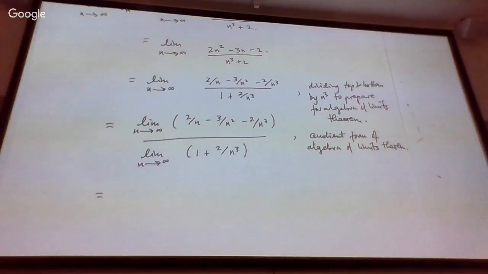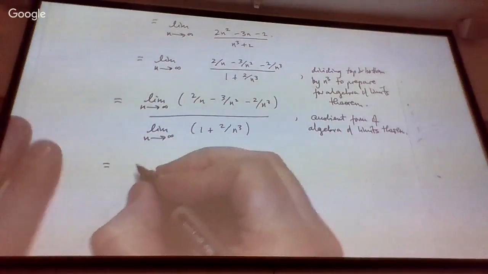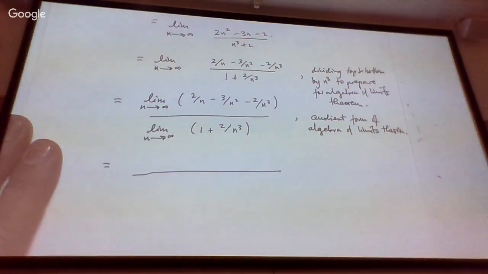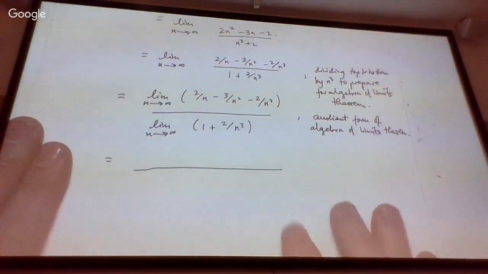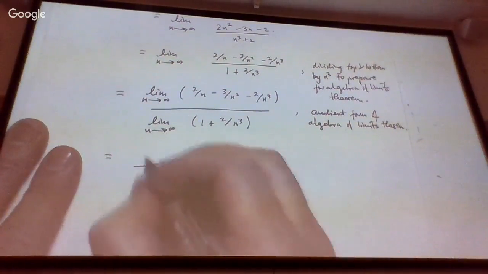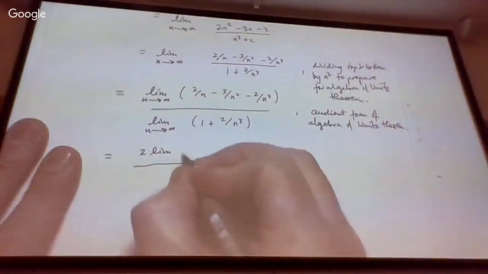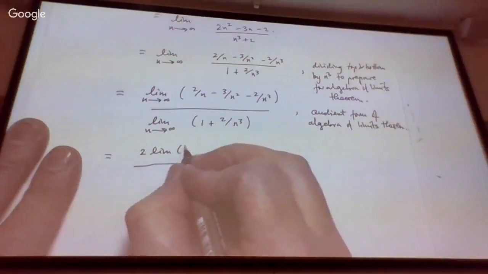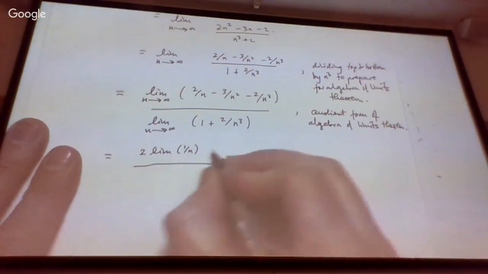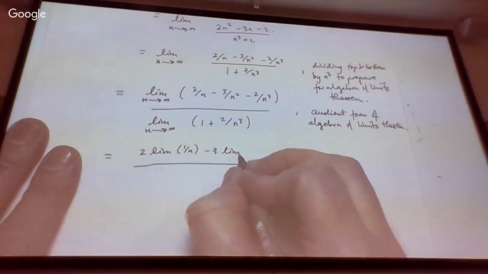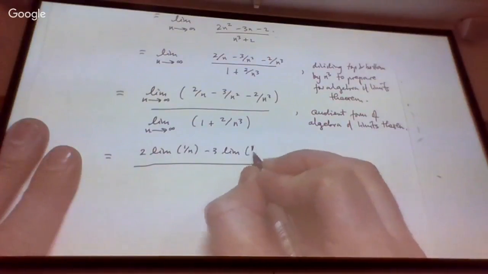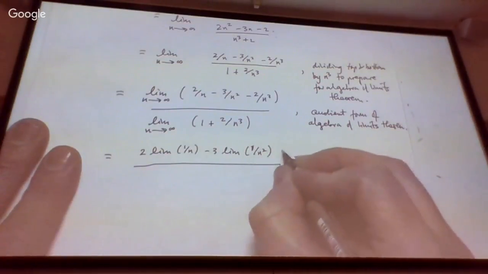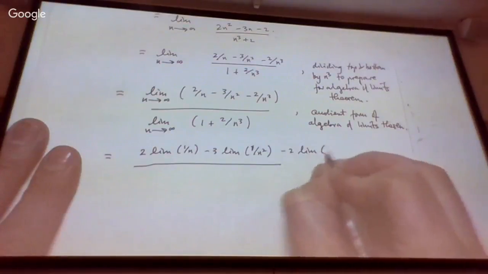So we can break those down then using the algebra of limits theorem again, but this time for linear combinations. So this will be 2 times the limit of 1 over n. I'll suppress writing the subscripts here because it's understood what they should be. Minus 2 times the limit of 1 over n cubed.